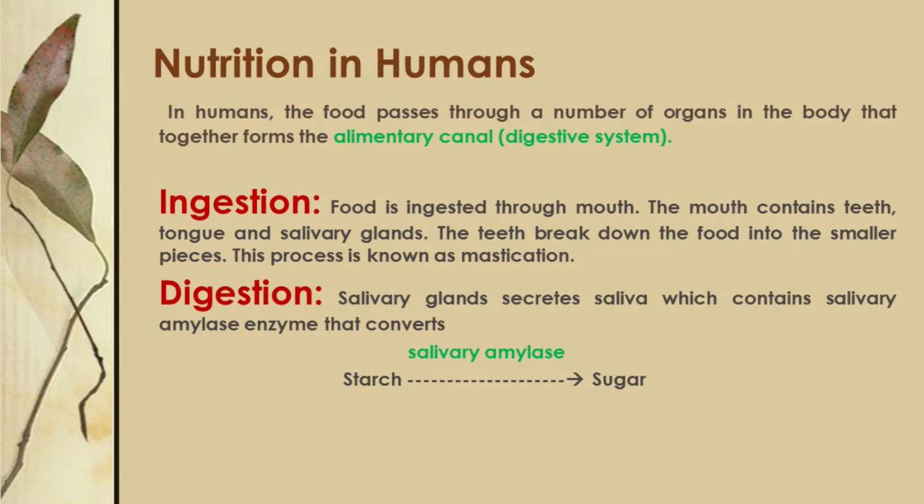After that, one more thing that is there in our mouth is saliva. Inside saliva, there is one enzyme known as salivary amylase. This salivary amylase acts on carbohydrates, it converts starch into sugar. Starch is a type of carbohydrate, and the salivary amylase enzyme converts starch into sugar.